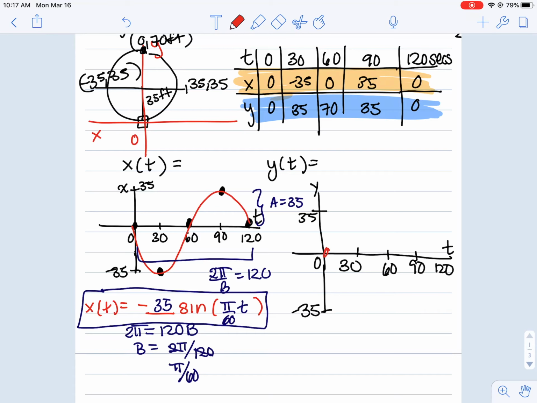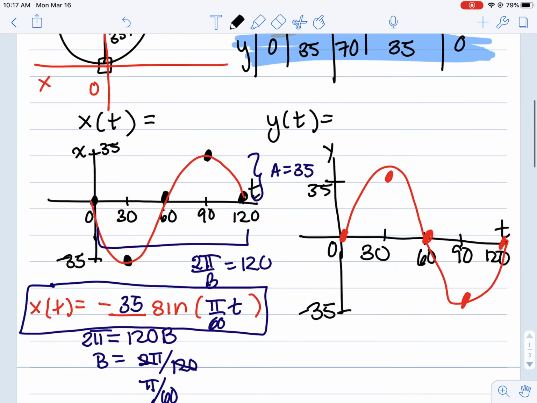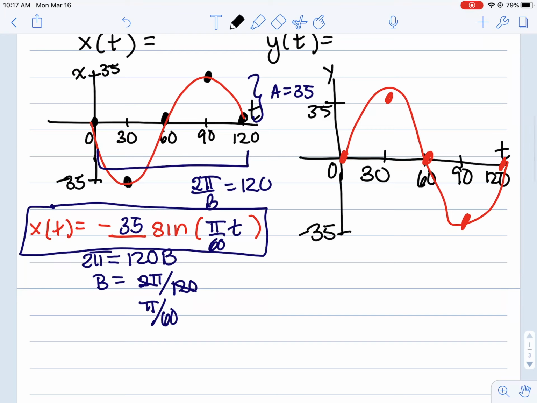So then let's see what we get. We start at 0, go to the max, back to equilibrium, down to the minimum, back to equilibrium. We have a negative sine graph. Sorry, we have a regular sine graph.